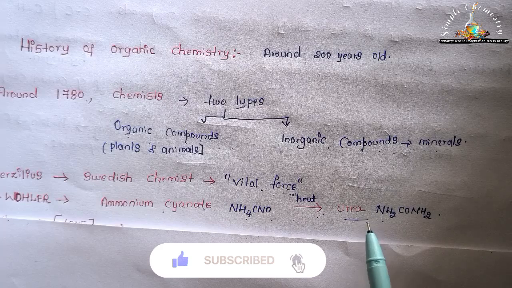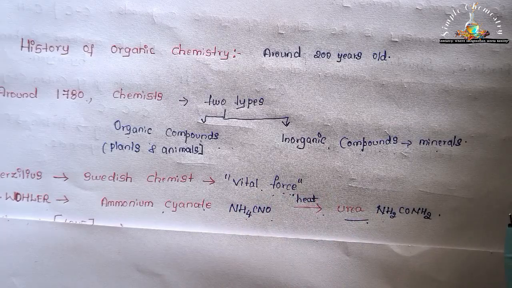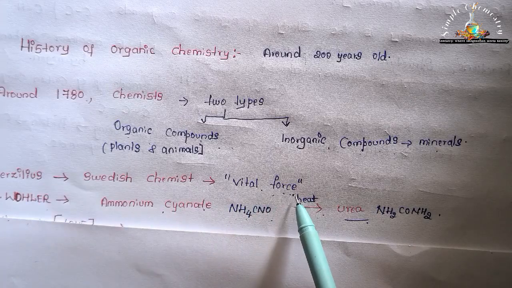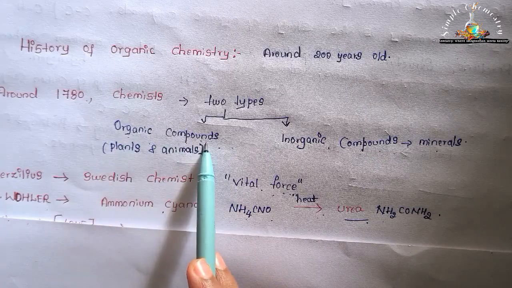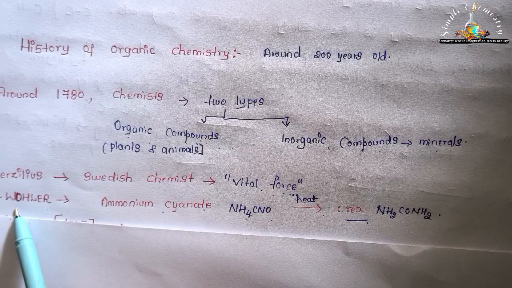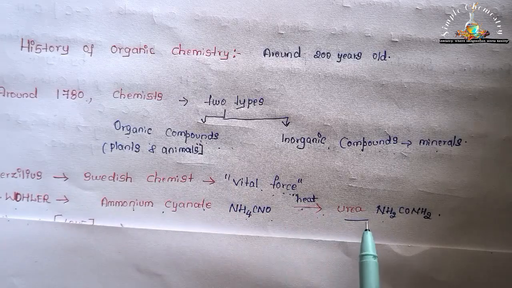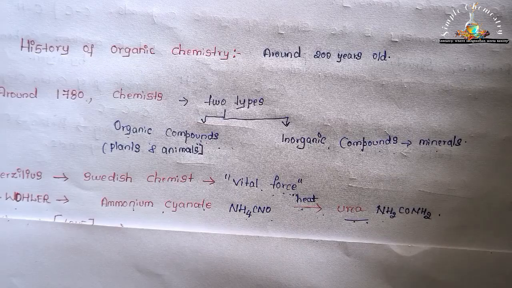So that's why the vital force theory was rejected. Berzelius had said that a force is responsible for the synthesis of organic compounds and we can't synthesize them in the lab, but Wöhler took ammonium cyanate, heated it and got urea, one of the first organic compounds in organic chemistry.